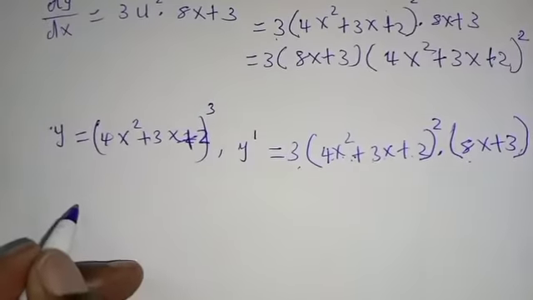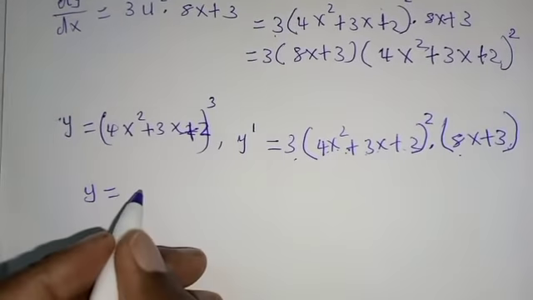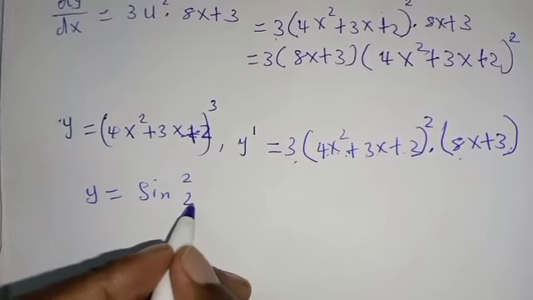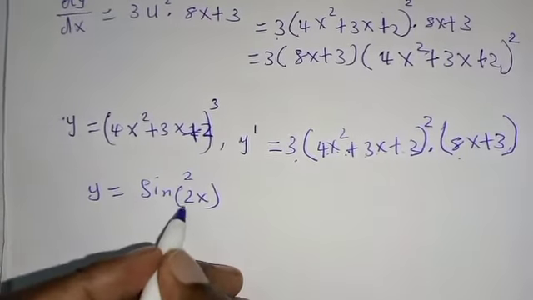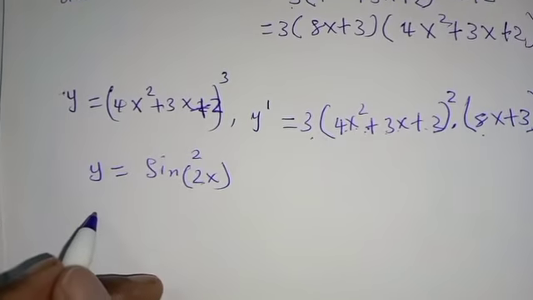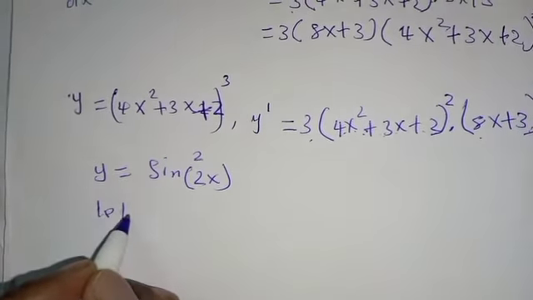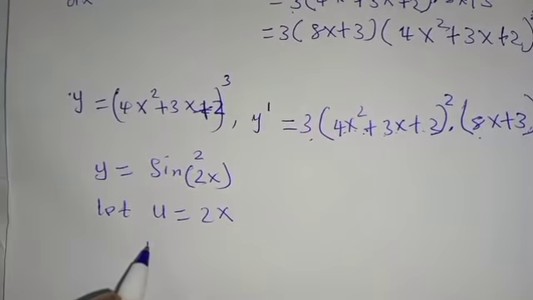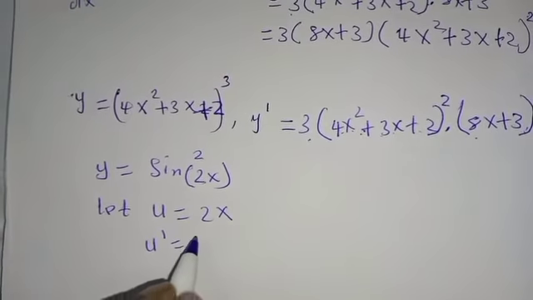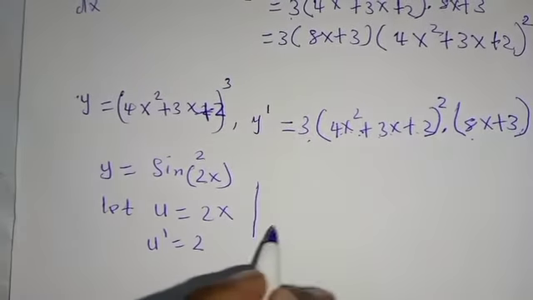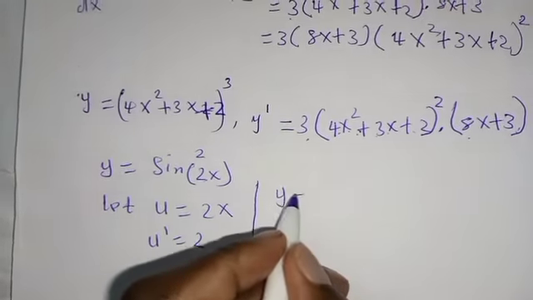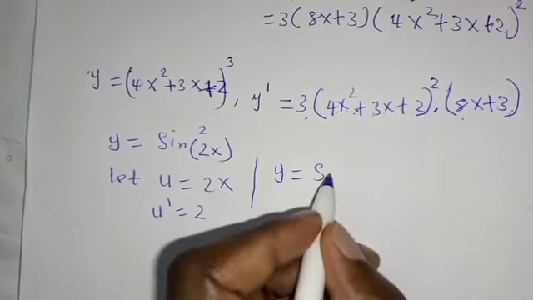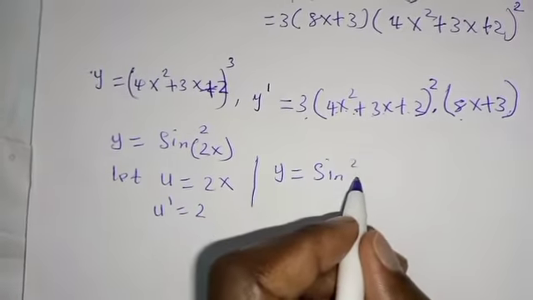Another example, if you have y equal to sine squared of 2x. To solve this, you let u be equal to 2x. Your u prime is equal to 2. Then your y is equal to sine squared u.